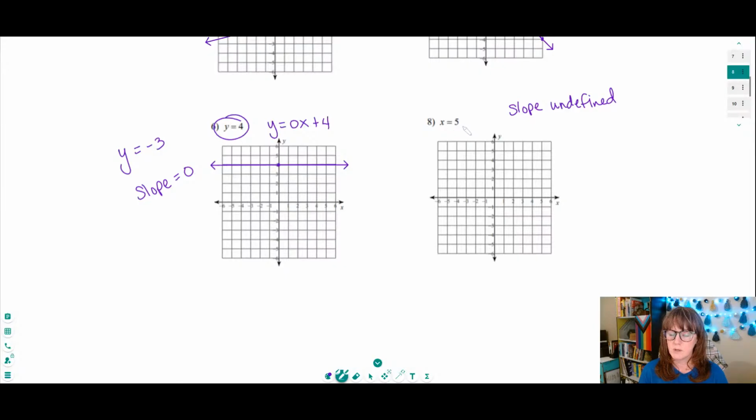It works similarly, except now we're talking about the x-axis, that horizontal axis. For x equals 5, we're going to put a point there at 5 on the x-axis. And then this is just a vertical line. Again, we're still going to graph it spilling off the edge of the graph, going through that point of 5 on the x-axis.